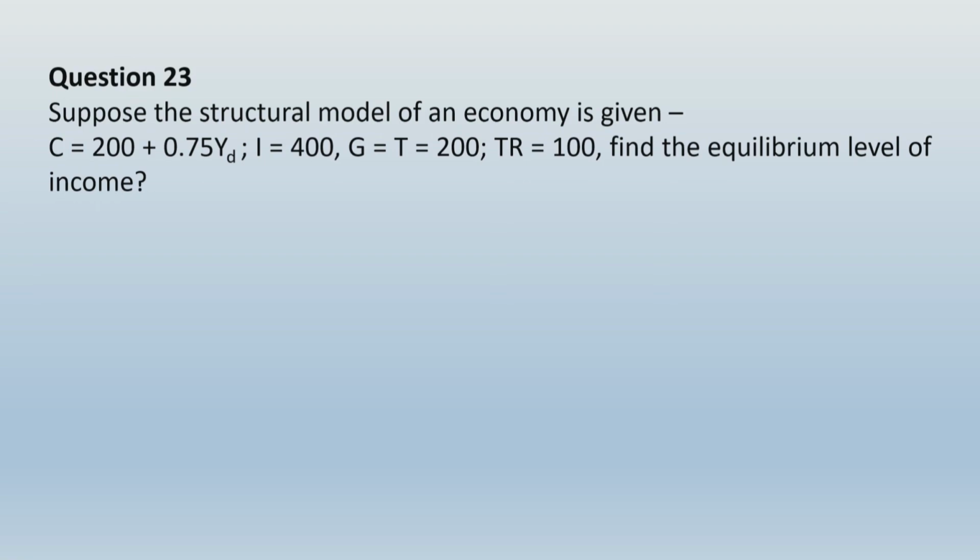First of all, what we should understand is this is definitely a 3-sector economy, correct? Because government is involved. Secondly, we find that there is involvement of TR, which stands for transfer payments. So the disposable income, you know how we work out, it will be income minus tax plus transfer payments, correct?